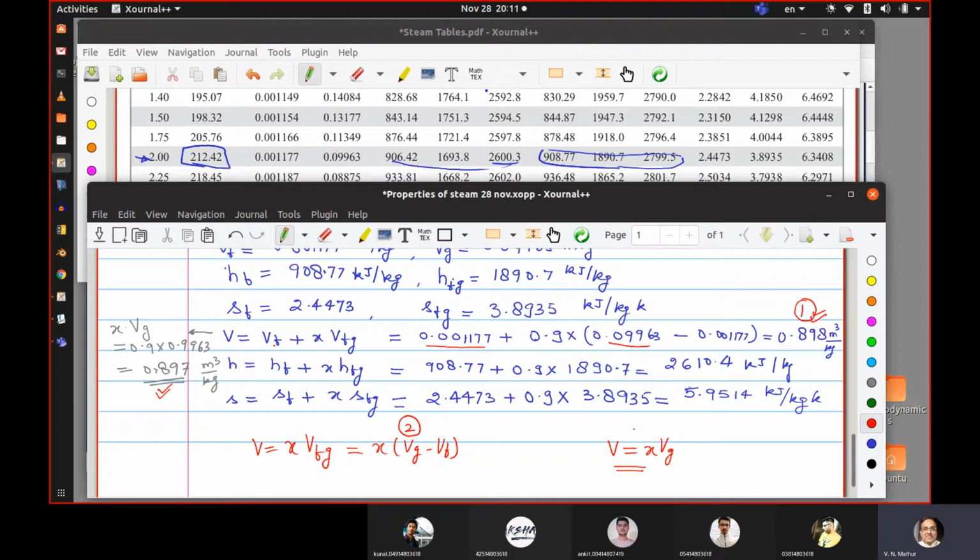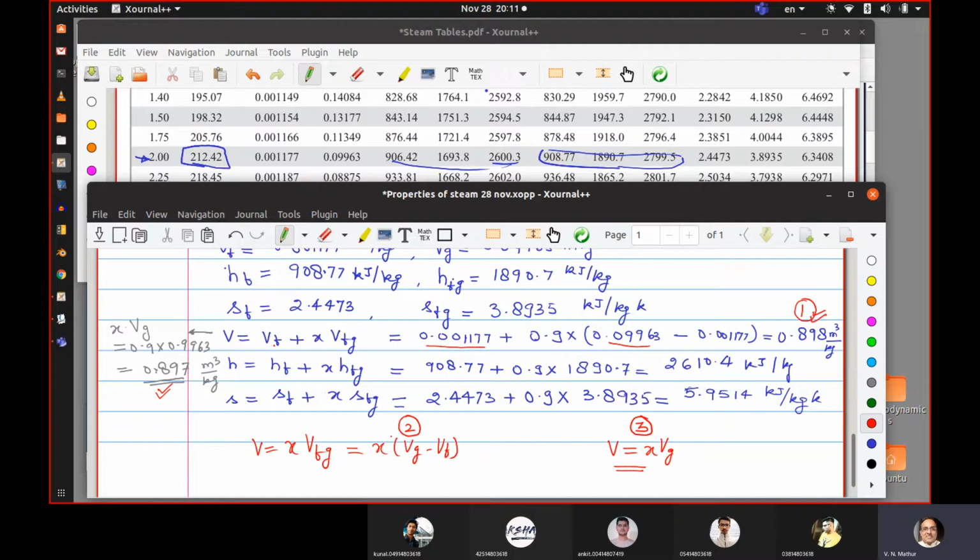For GATE examinations, when time is very critical, you should use this formula for calculation of V, because you have four alternatives. You do not want to find out the correct answer, you want to choose the correct answer. So if you use this shortcut formula, you will be able to save time.